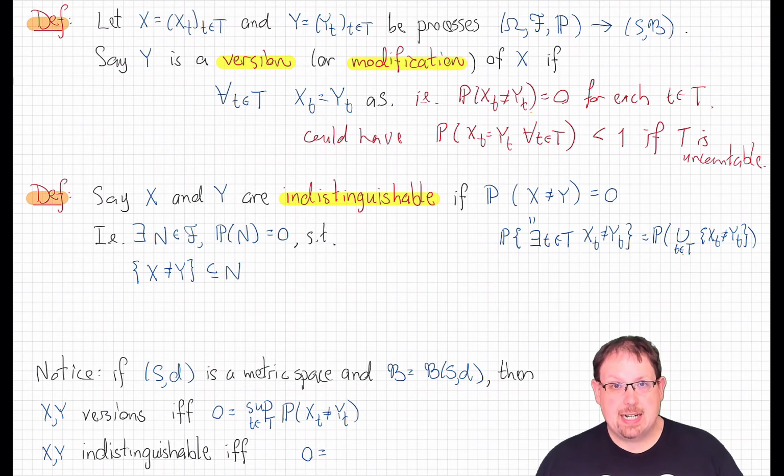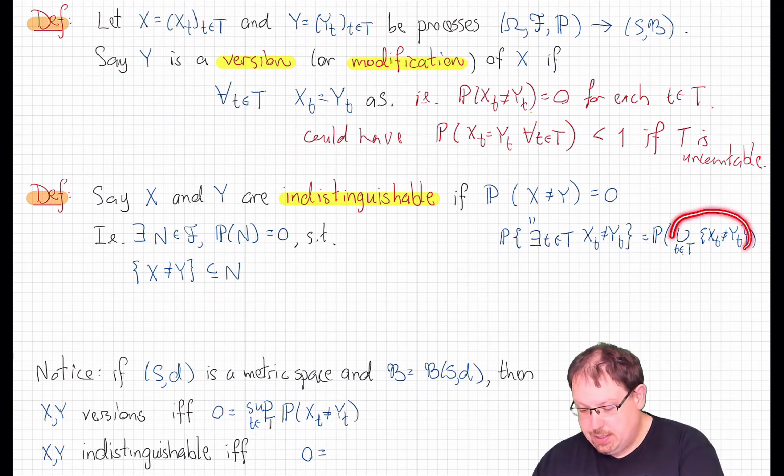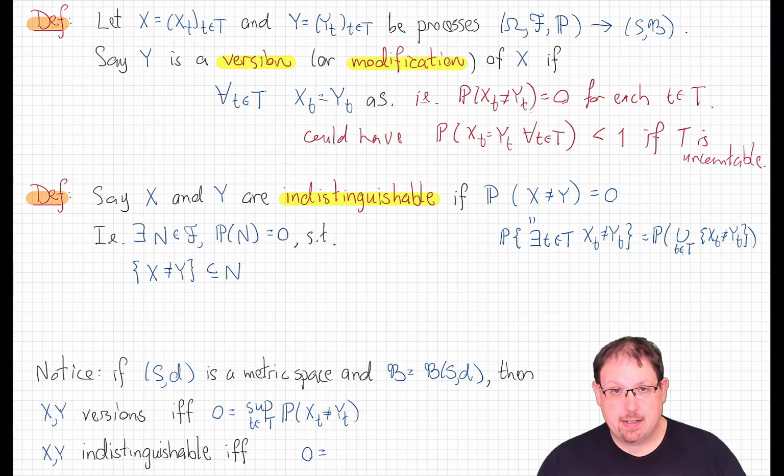But if t is an uncountable time set, for example, the positive real line that we're going to be dealing with mostly going forward, not only does that argument not work, but we have a more fundamental problem. We don't even know if this is a measurable set.